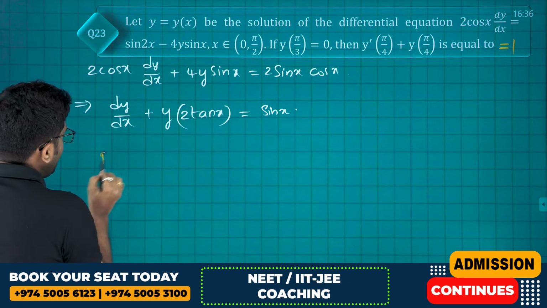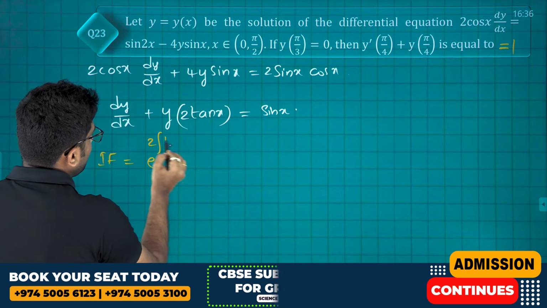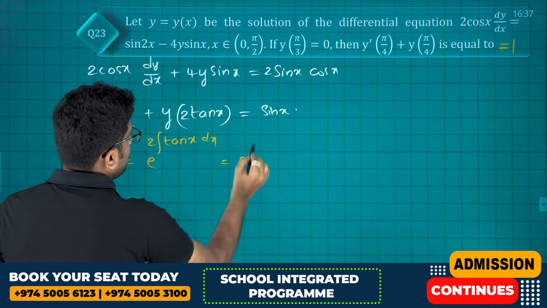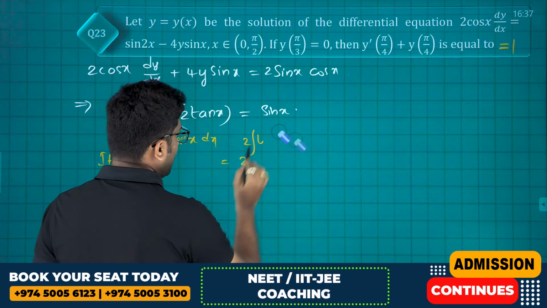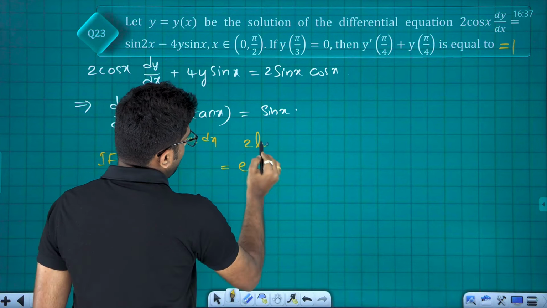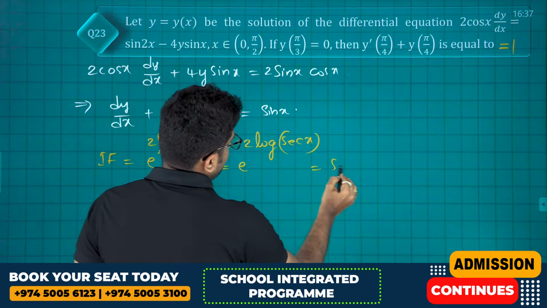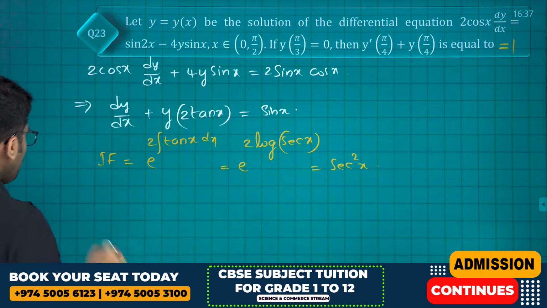So the integrating factor IF is equal to e raised to the integral of 2 tan x dx. The integral of tan x is log mod secant x. So e to the power 2 times log mod secant x is nothing but secant square x. So we got IF as secant square x. Now what is the solution?